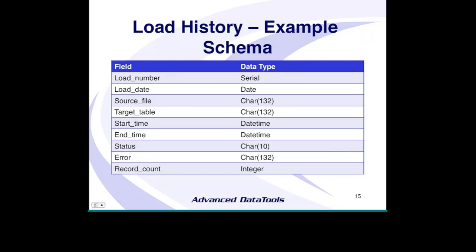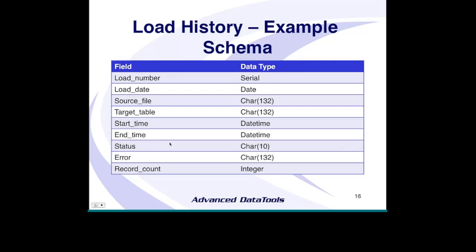Now, this is just an example of what a load history table might look like. You have a load number, which is a serial field, and gets automatically incremented. You have the load date, a source and a target, a start time and end time, and then some kind of status for that load.